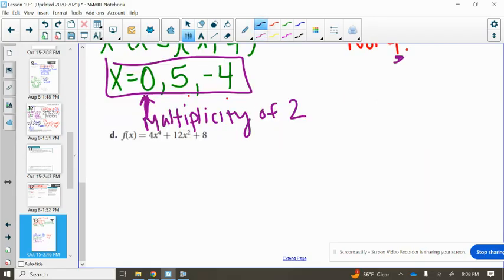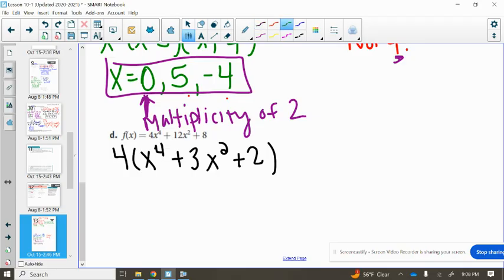All right, our last one, again, does have a GCF of 4 involved that we can take out. But what you're going to notice from here is that this still isn't our typical quadratic, because we have x to the 4th, then x squared, and then just a constant. So we've talked about problems similar to this before, but we could treat this like a factoring problem.